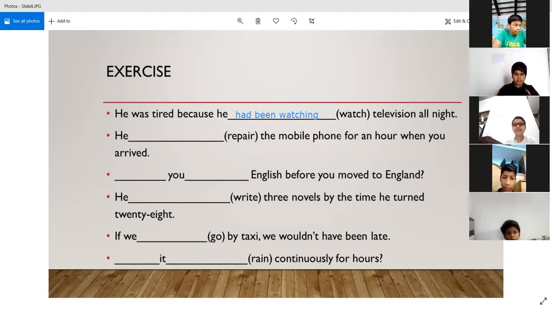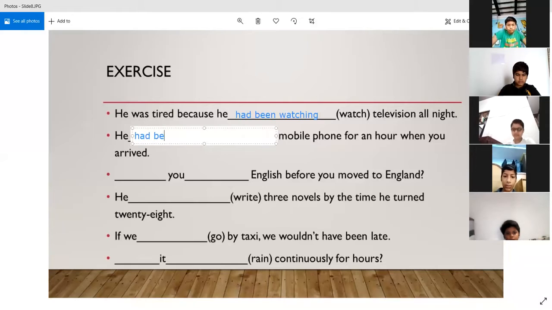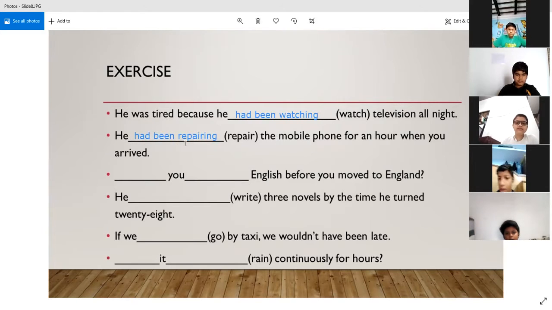Yes, because the act was going on for an hour and it was continuing up to that time when this person arrived. So it is more appropriate if we use he had been repairing. Okay, because the sentence is giving a sense that the person was continuously repairing the mobile phone when the second person arrived. Okay.